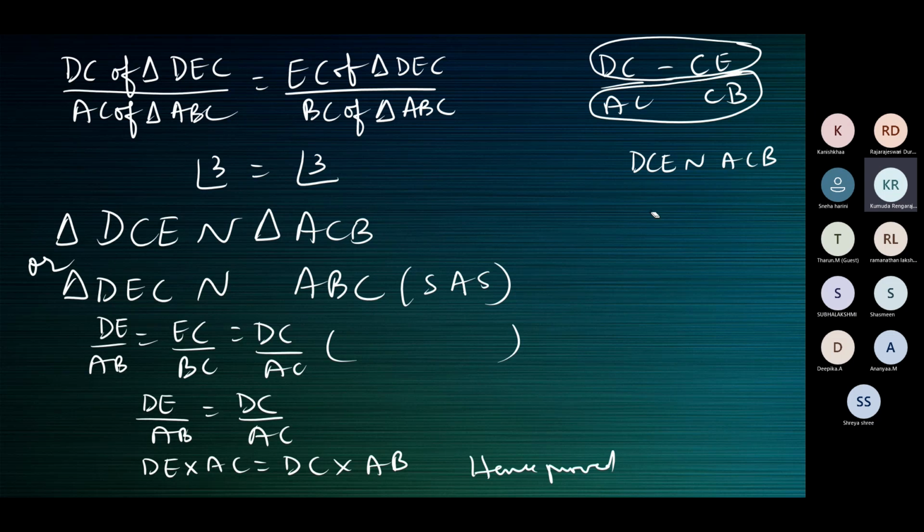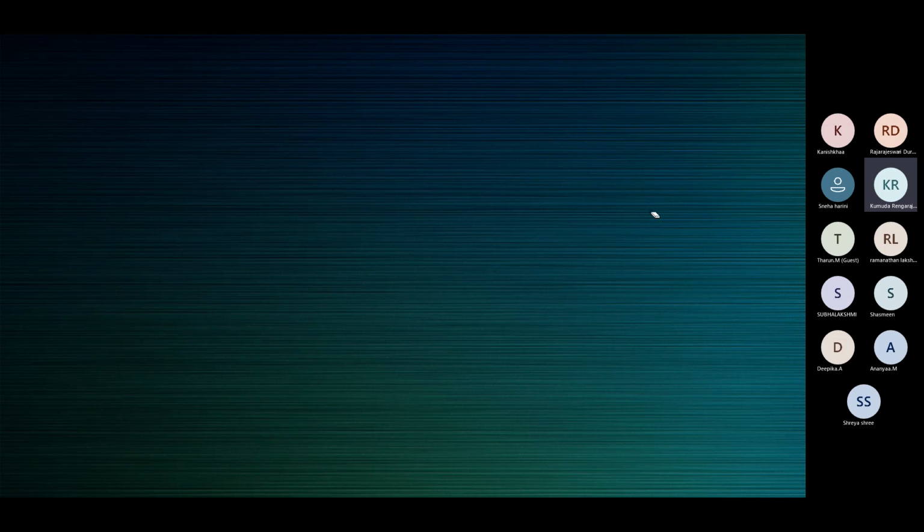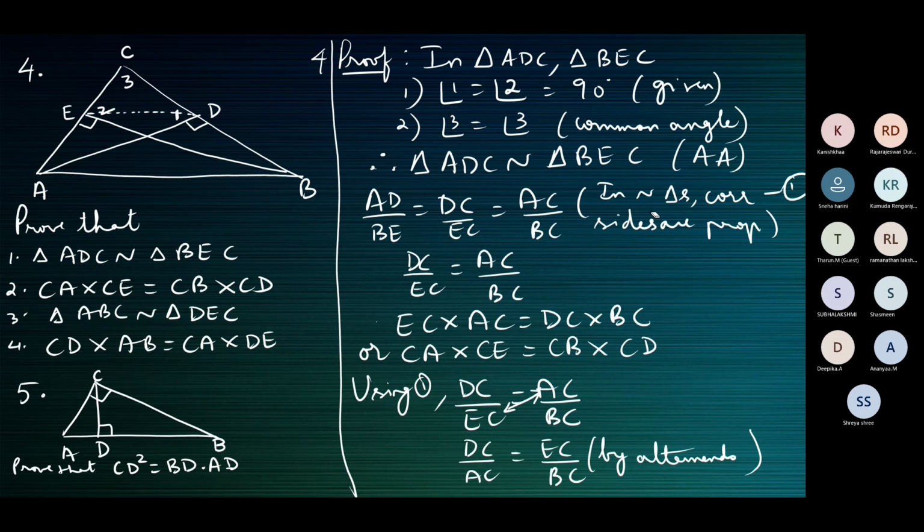That is the proportion. It need not be CE by CA. As in our case now, it's CE by BC. CE is on this side, BC is on the other side. That's fine.